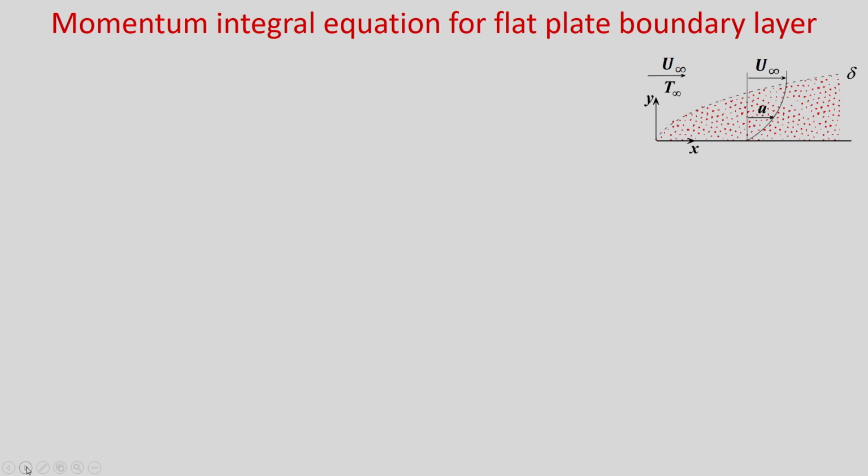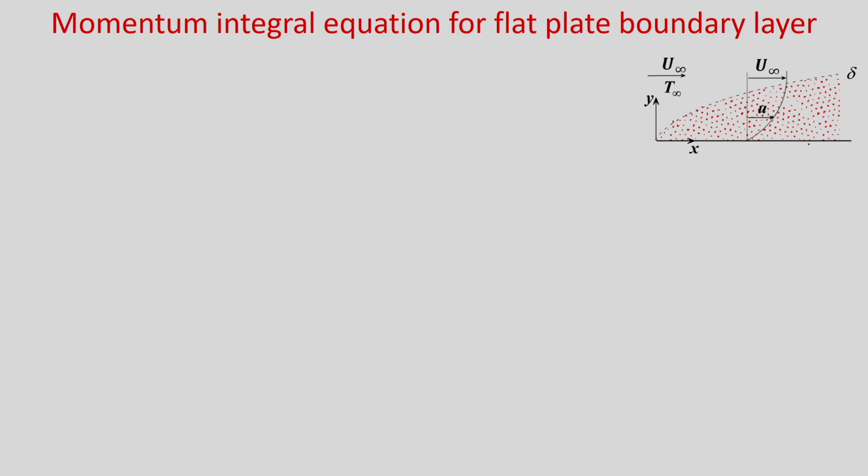Now let us consider flow over a heated flat plate. First we will solve the fluid flow equation, then we will solve the energy equation for two different boundary conditions: with constant wall temperature and with constant heat flux. You can see this is your heated flat plate, this is the x direction, and perpendicular to the plate is the y direction.